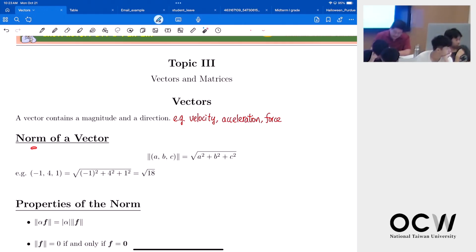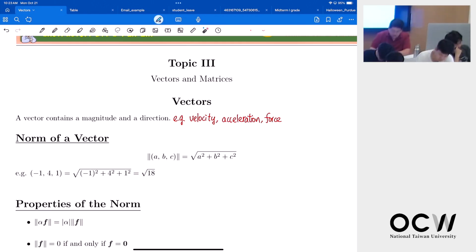Then the norm: we say the magnitude, and sometimes we say it is a norm. The norm of a vector, suppose this is a vector, I have three components. For the three components, the magnitude or the norm, we have double bars. That will be the square root of the summation of each component squared.